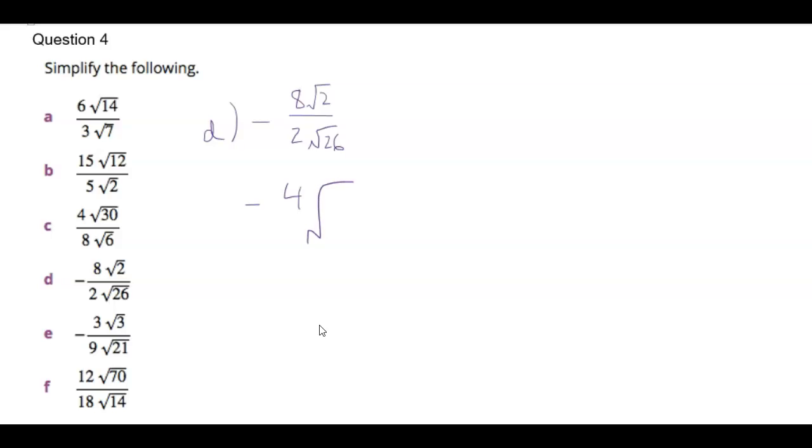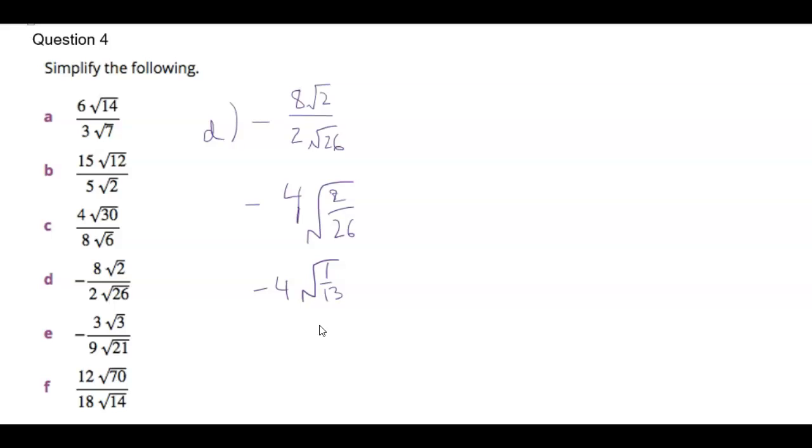And I probably shouldn't write that so big because it looks like the 4th root. That's just a 4, not the 4th root. And that 2 over 26, oops, that was a 2. And then 2 over 26 becomes 1 over 13. And I don't think we're supposed to simplify it any further.